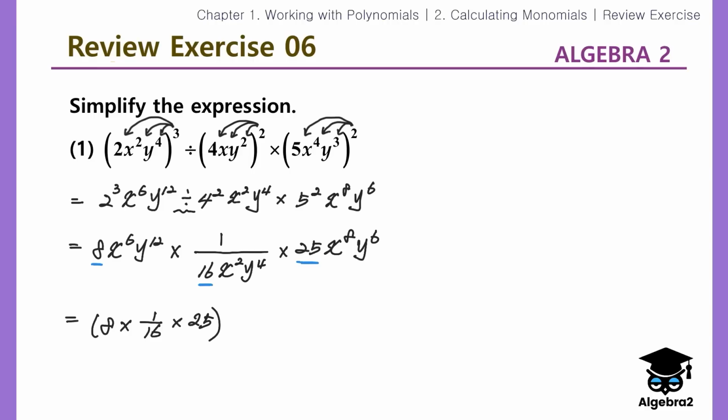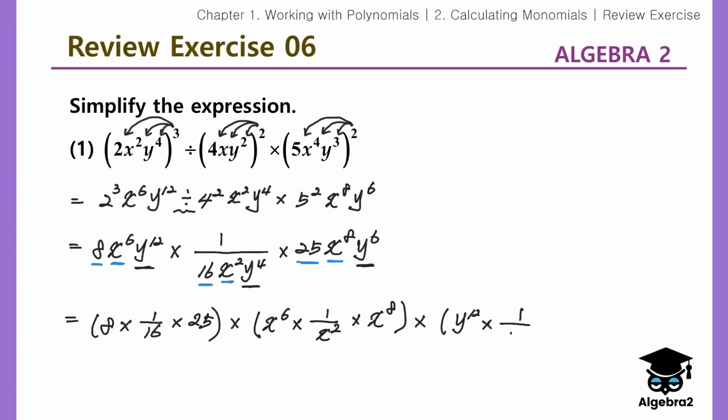For x, we have x to the 6, 1 over x squared, x to the power of 8. For y, we have y to the 12 times 1 over y to the 4 times y to the power of 6.